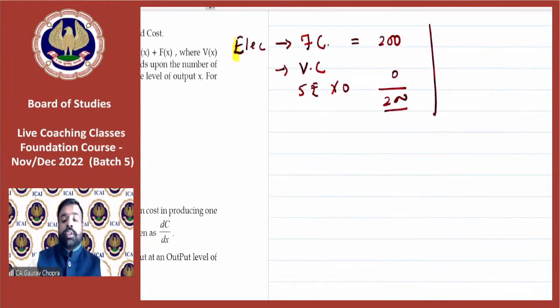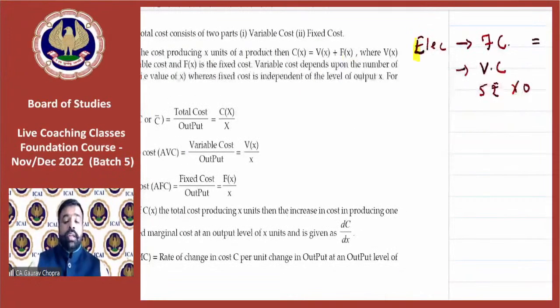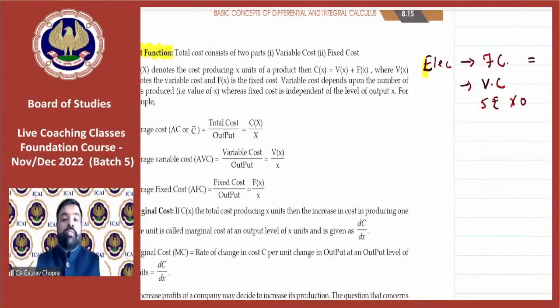But if our consumption of electricity is 100 units, then the fixed is 200, variable will become 5 into 100, that is 500, and total of the bill will be 700. So these are the two portions of cost. One is fixed and second one is variable. So fixed cost does not vary with output. It does not vary with production, whereas variable cost varies with output, or we can say production. It always changes with respect to production.